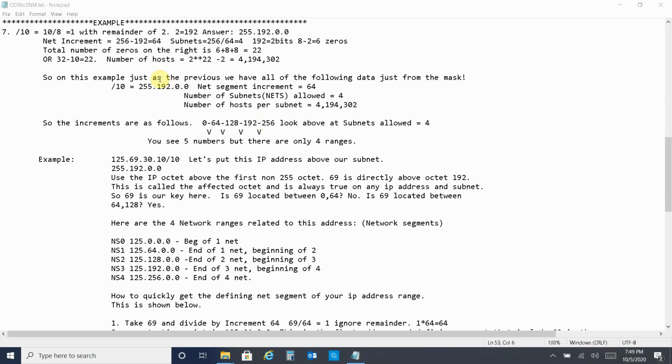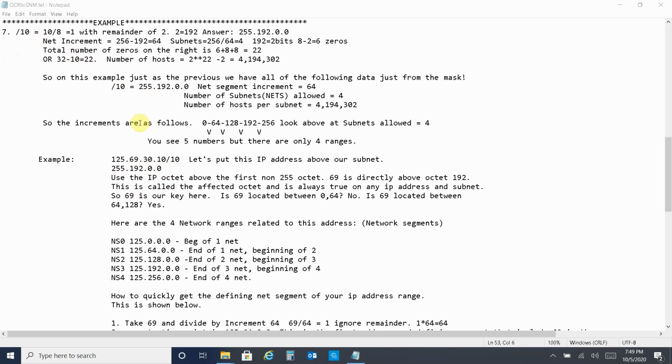So now let's take this and put this into real life. And this is where I get pretty excited here, because you're going to get this. So we're going to put our example with a /10. We're going to add an IP address above our /10, a real IP address. That's 125.69.30.10/10.